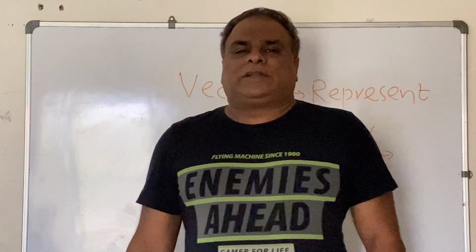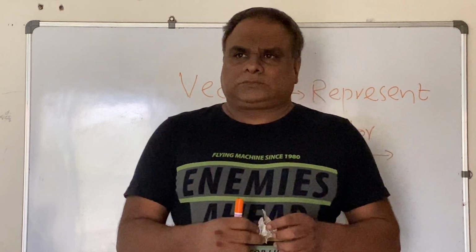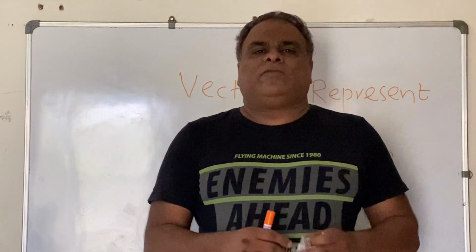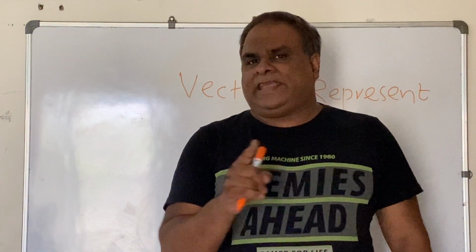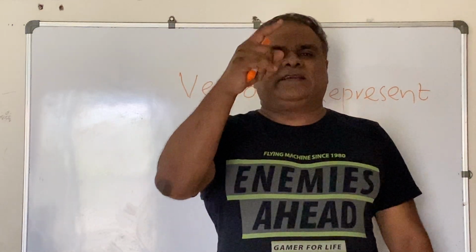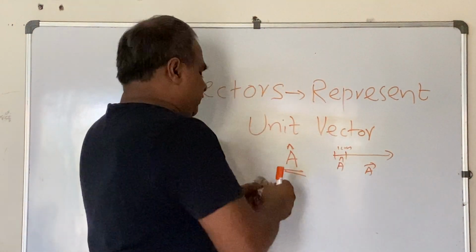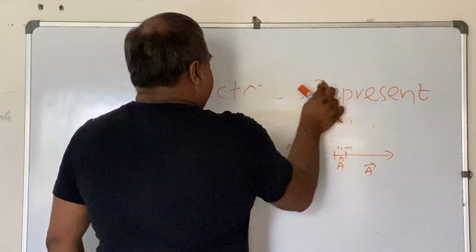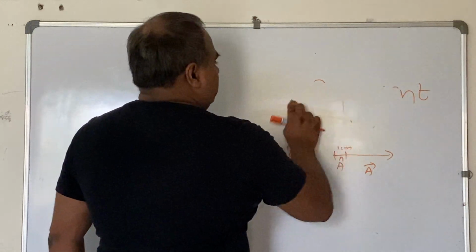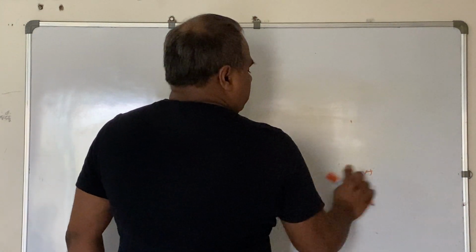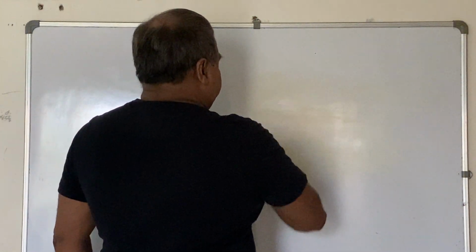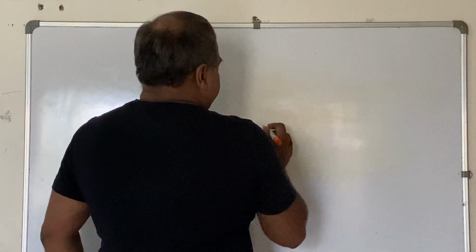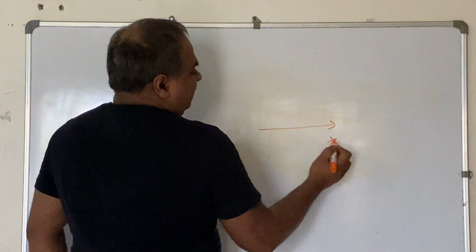Now a very, very important point. See, in coordinate geometry, we have 3 axes. One is the x-axis, next is the y-axis, and the z-axis. You know this. I will draw here. This is your x-axis.